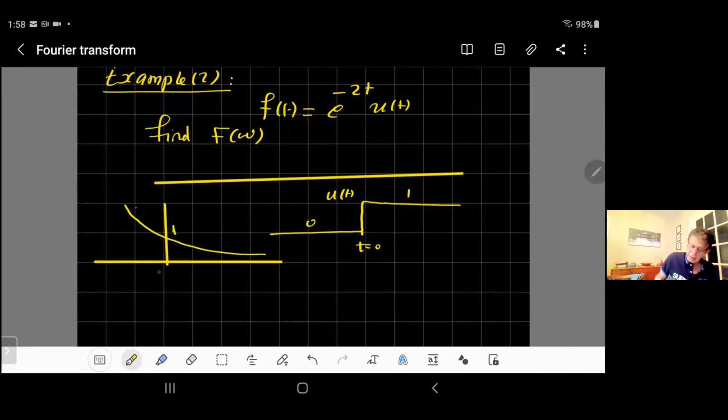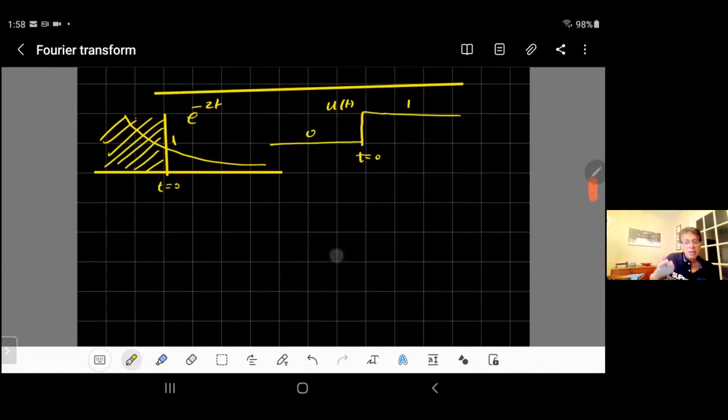And at t equals 0, it's equal to 1. So when you multiply this function, e^(-2t), by the unit step, this part will be gone because it is multiplied by 0. So this is the only part left. If you want to sketch it, the function in our hand now can be plotted in this way.